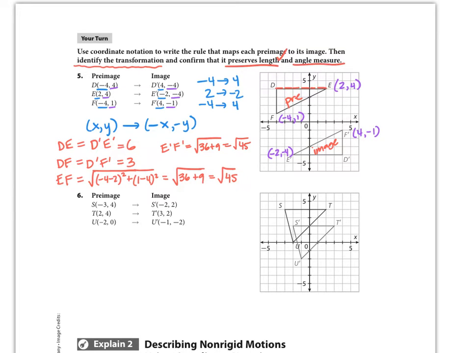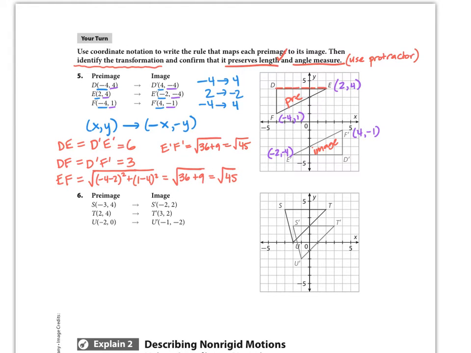Now, angle measure. I don't have one handy right now at this moment, but use a protractor. You'll want to at least be able to measure the angles. We don't have anything right now where we can mathematically come up with a way to measure these angles.